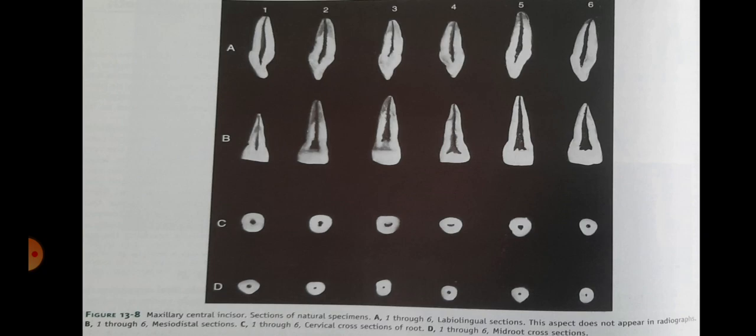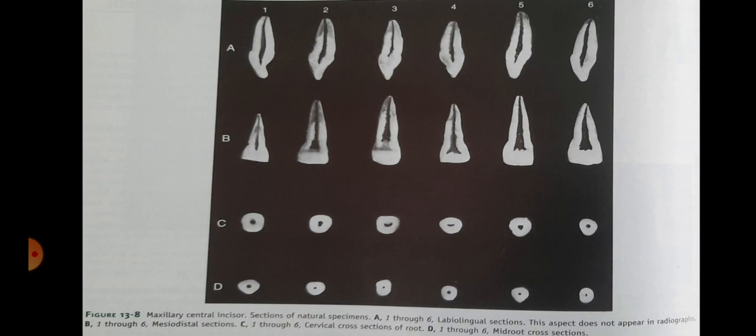Apical constriction. The position of the apical foramen is usually slightly off center from the tip of the root, but some foramina deviate drastically from the apex of the root.